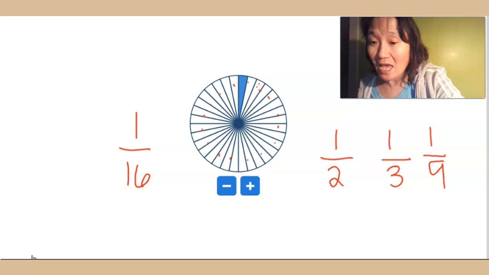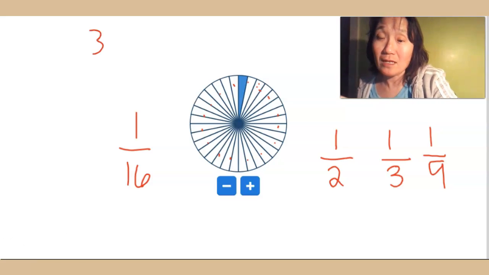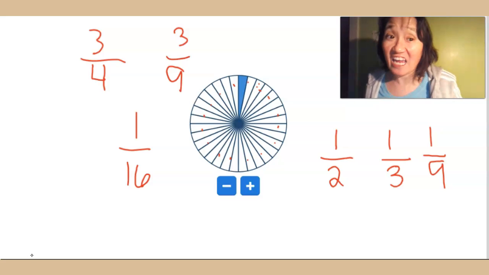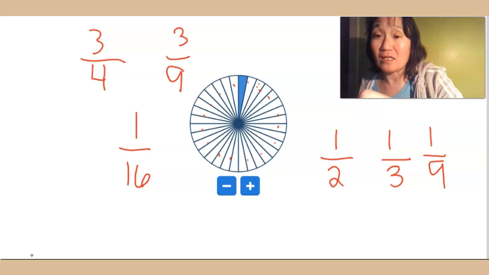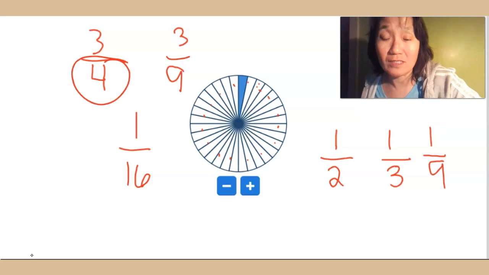Okay, so if I have 2 fractions, say I have 3 and 3, but this person has 4 people in this party, and this one has 9, well, you look at the person who has less people at their party because their pieces are going to be bigger.